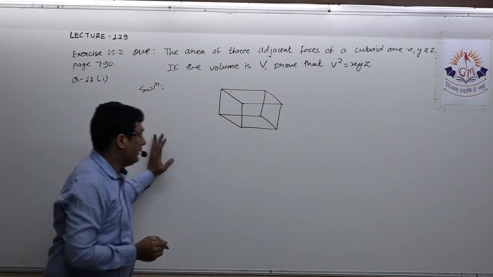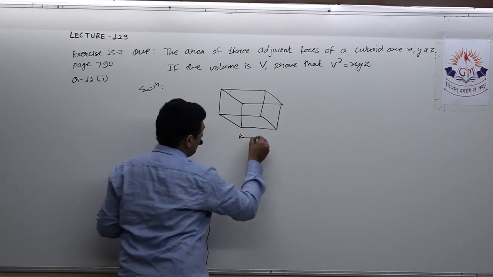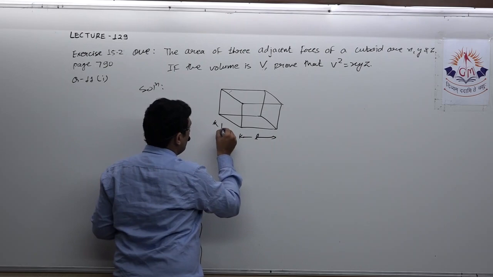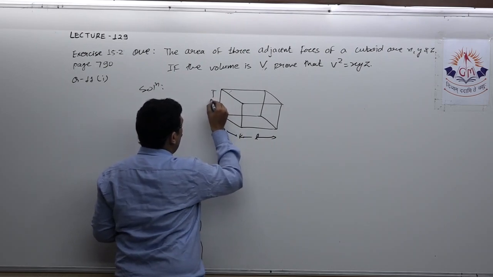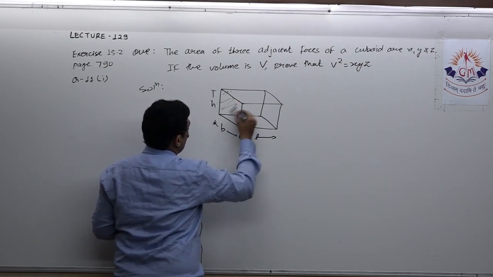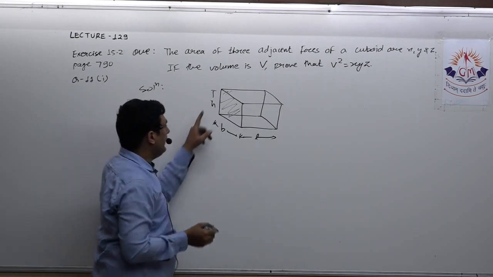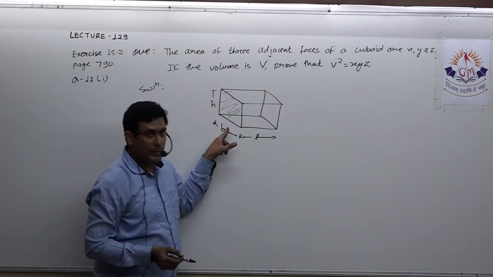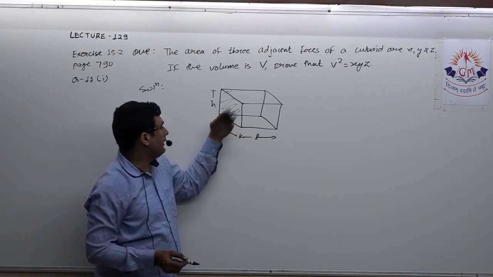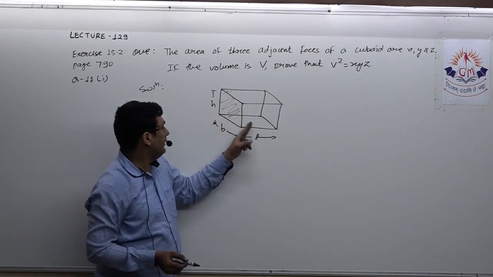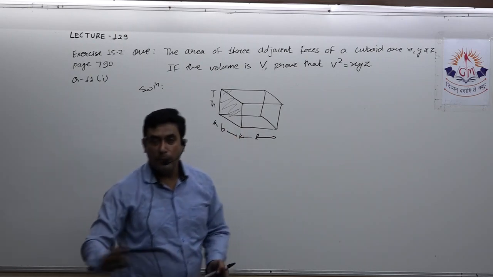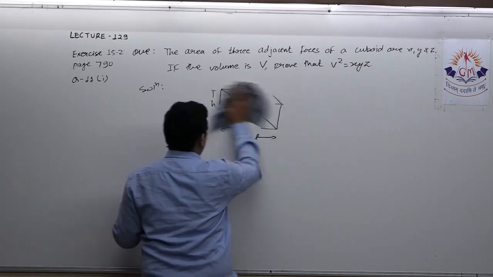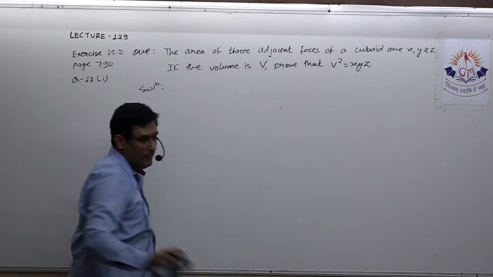Three faces. If I consider this is L, this is B, and this is H, the area of the left side face will be B into H. The area of the bottom face will be L into B, and the area of the back surface will be L into H. That means this X, Y, and Z I can express in terms of L, B, H.